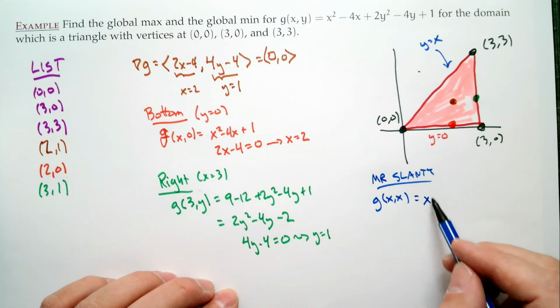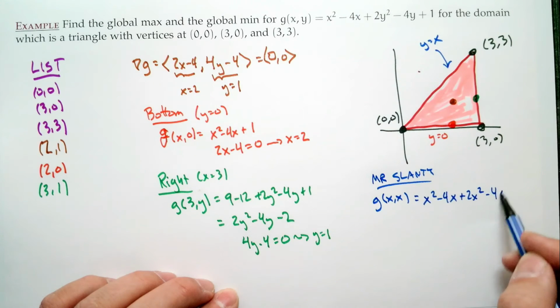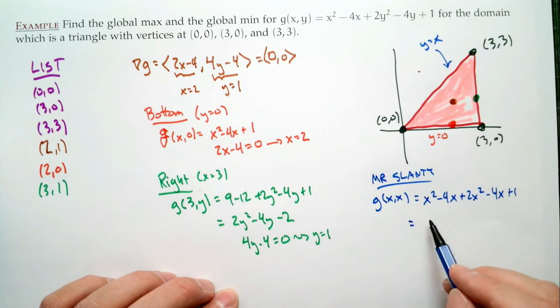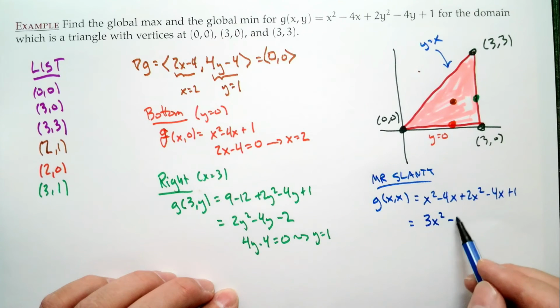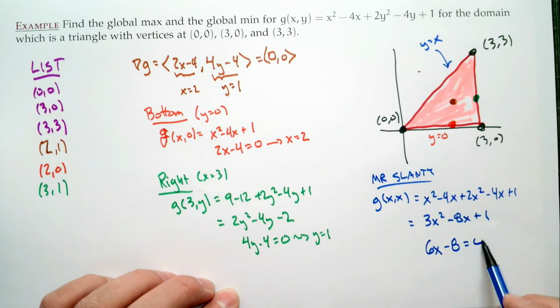So we're going to get x squared minus 4x plus 2x squared minus 4x plus 1, which becomes 3x squared minus 8x plus 1. Take the derivative. What do you end up with? 6x minus 8 equals 0. So what should x be? 4 over 3.